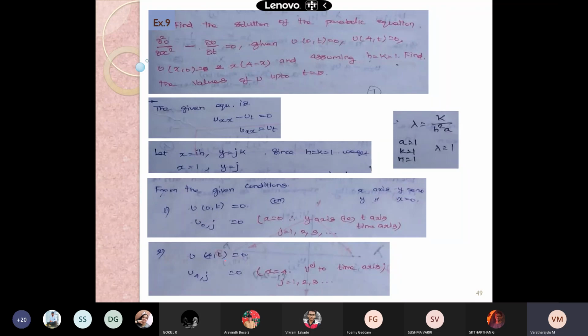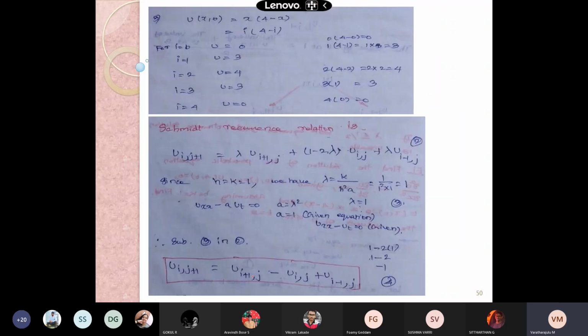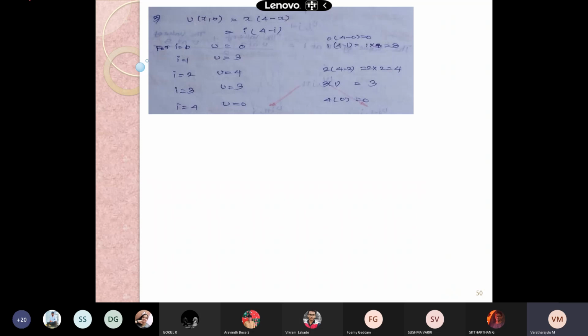The second condition, u of 4 comma t, which is parallel to the time axis, x is equal to 4, j is equal to 1, 2, 3. So therefore u of 4 comma j is equal to 0.